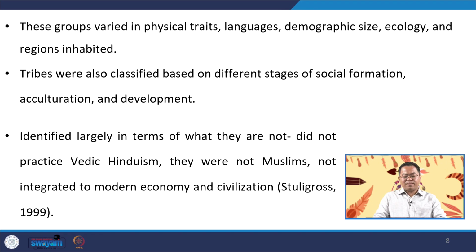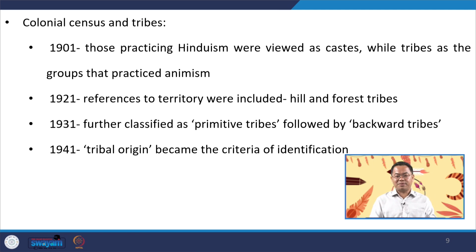So, what is important to understand is that the communities who are recognized as tribes are mostly identified by what they are not. One, they did not practice Vedic Hinduism, they were not Muslims, they were not integrated to modern economy and civilization. So, basically tribes are identified in terms of what they lack from the larger cultural groups or the so-called mainstream society.